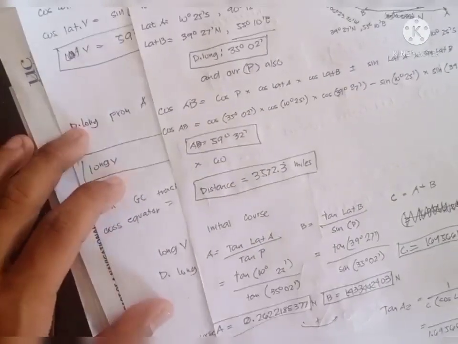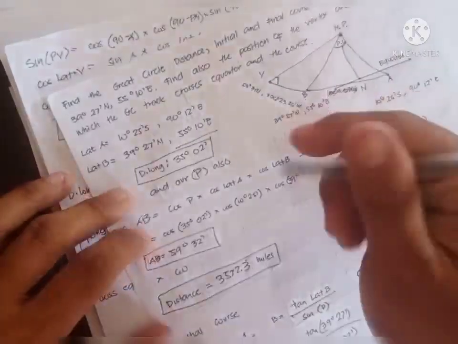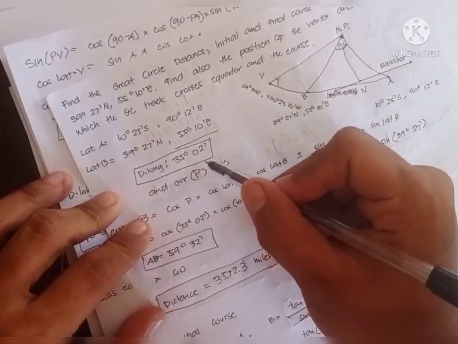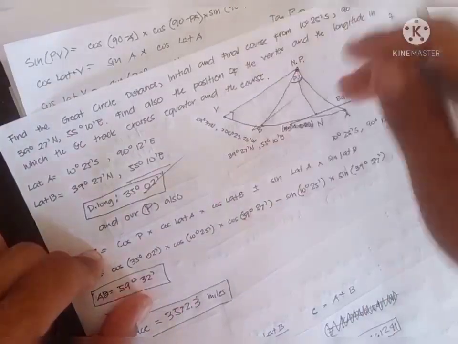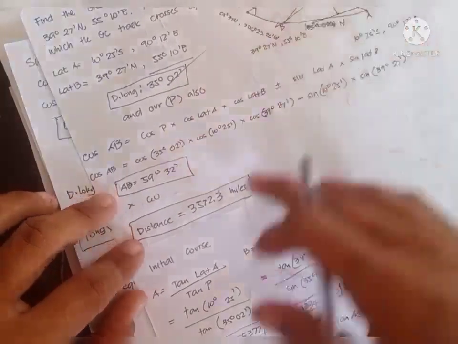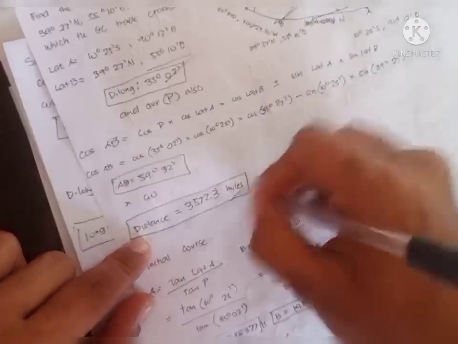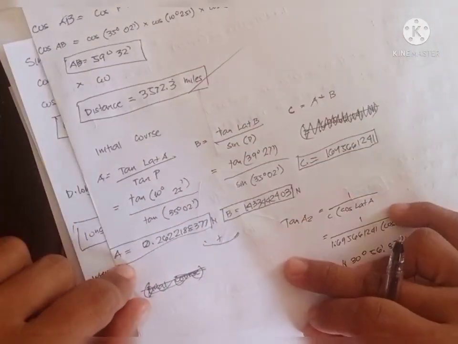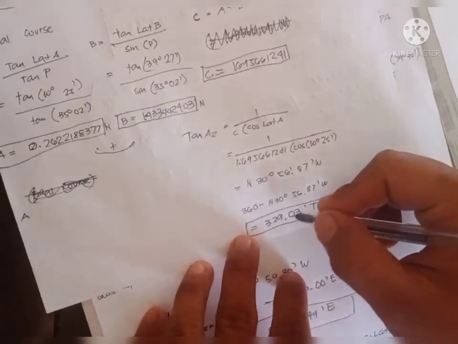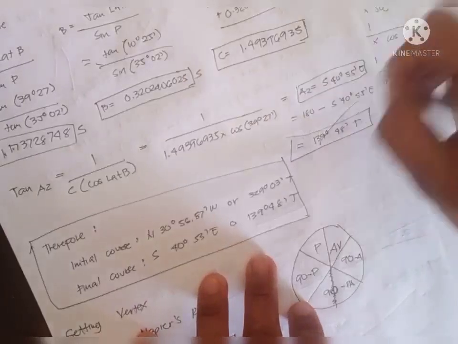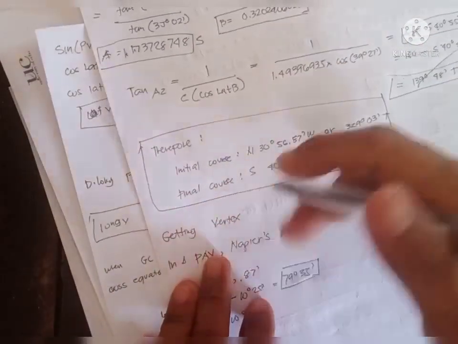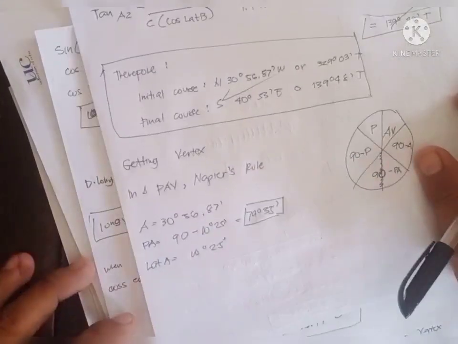We're going to check. So first, in getting our D long, our GC track, our distance, our initial course and our final course.